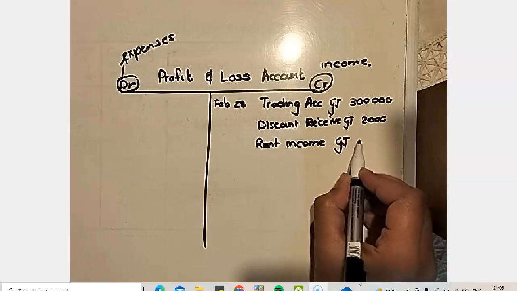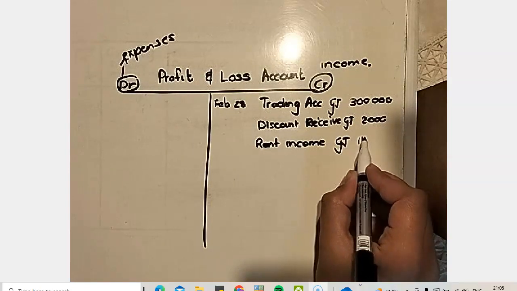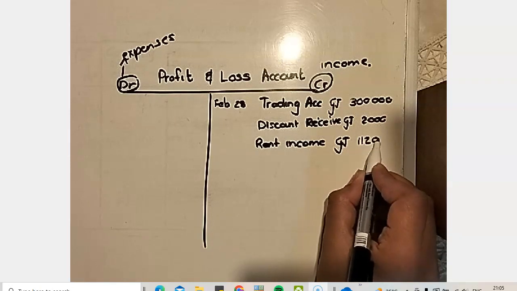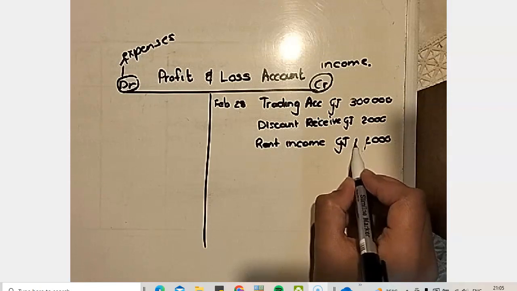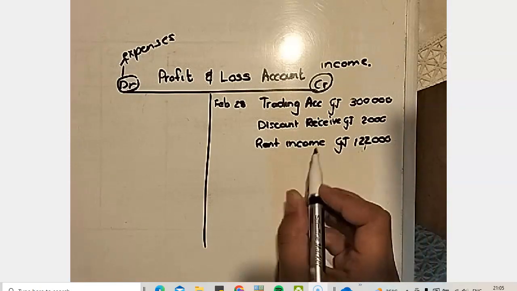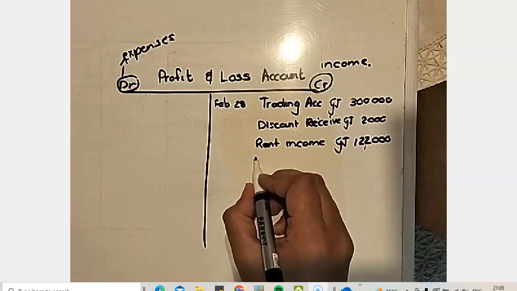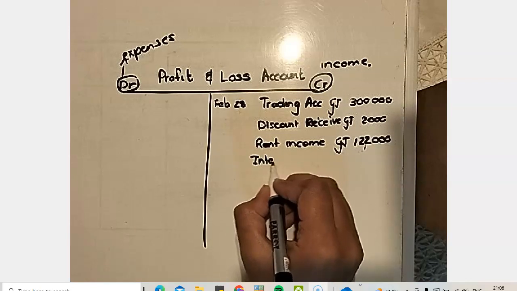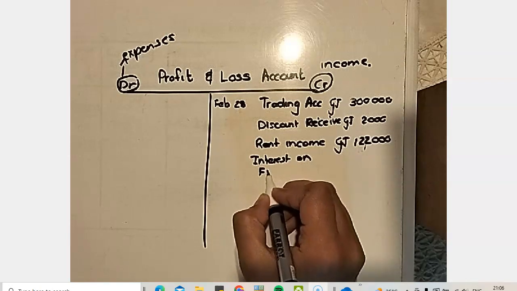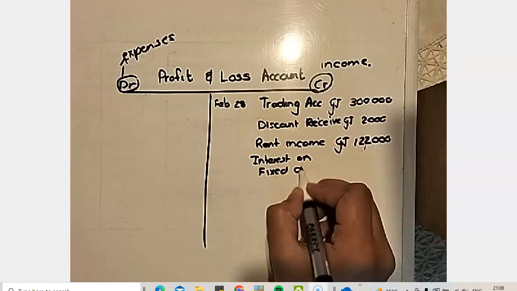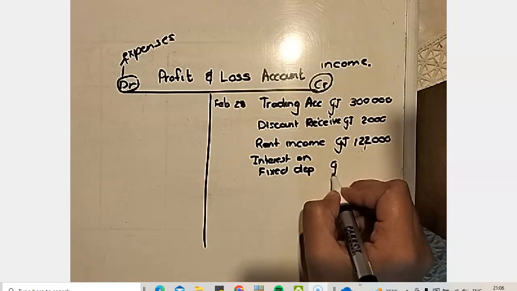Your general journal is being used. Then you've got interest on fixed deposit. It's also a general journal.